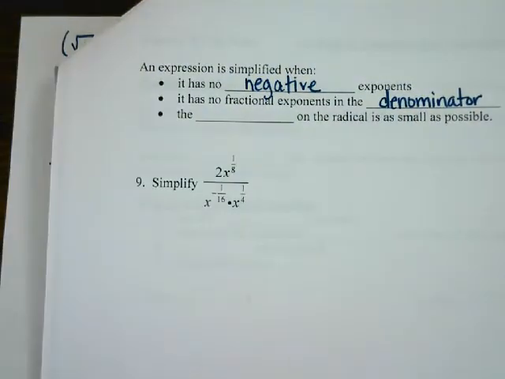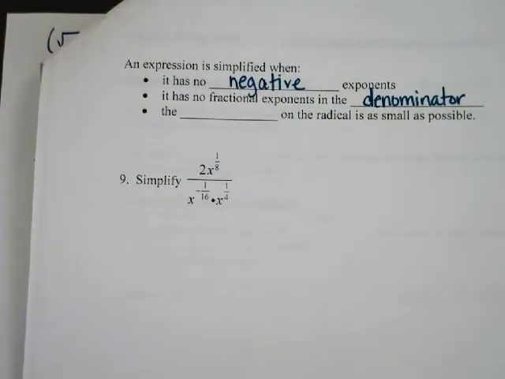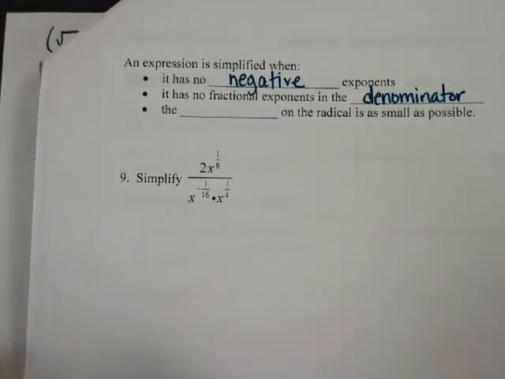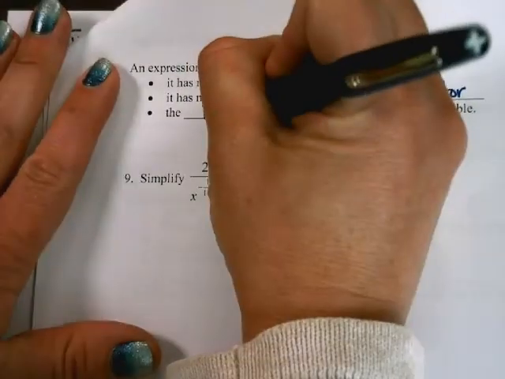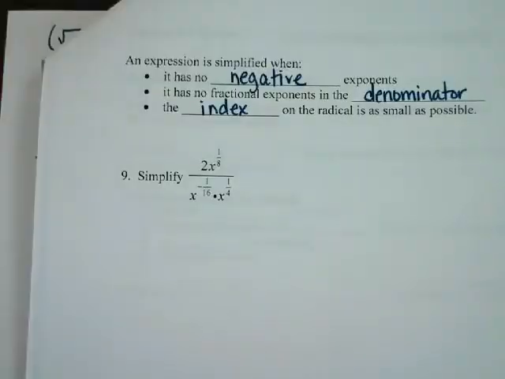Or radicals in the denominator, if you will. And the index on the radical is as small as possible. Meaning that you simplified your fractions or reduced all of your fractions.